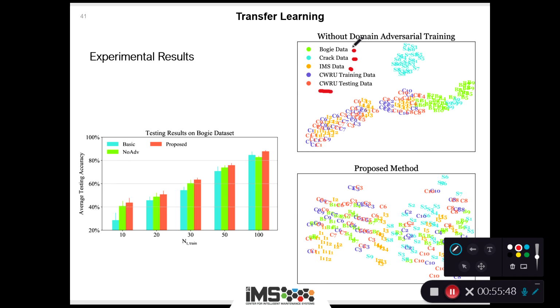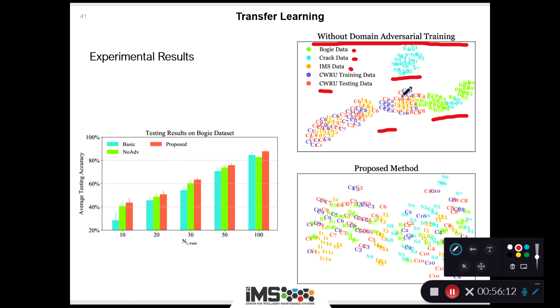If we do not use the transfer learning methods without domain adaptation, we can see that different colors, the data from different datasets, are well separated. It's here, here, here, because they have different patterns. For example, the vibration amplitude may be different, so it is very reasonable they are not in the same area.